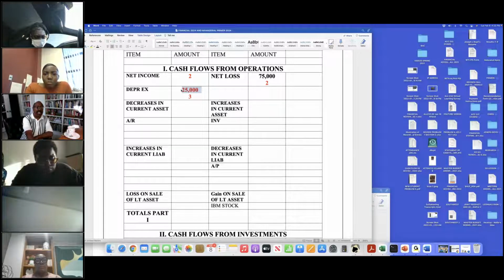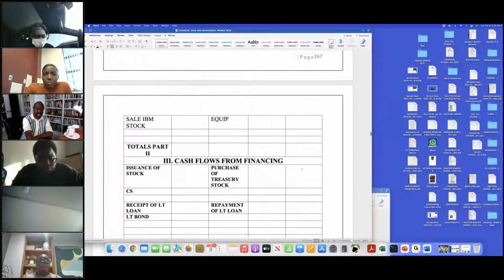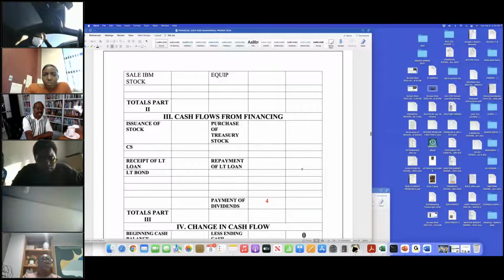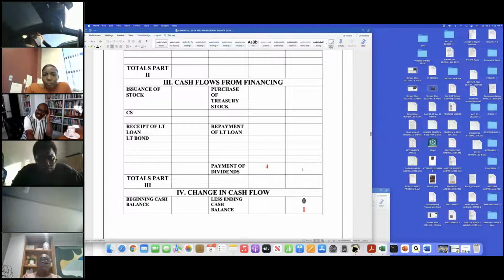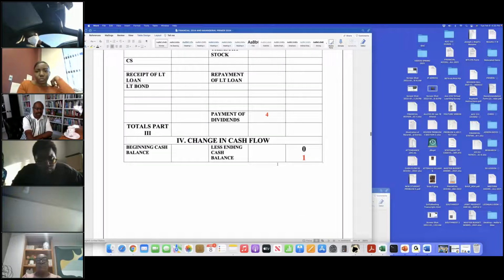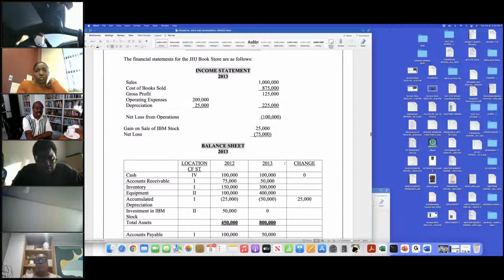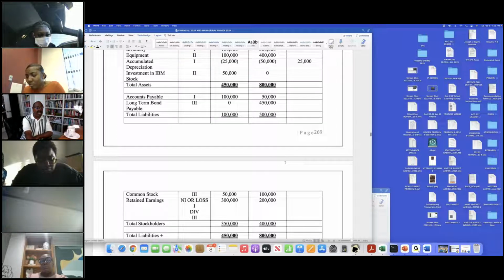Finally, we want the dividends. That's the fourth thing. So we go to these statements and we don't see any dividends anywhere, but we'll make a calculation of the dividends.